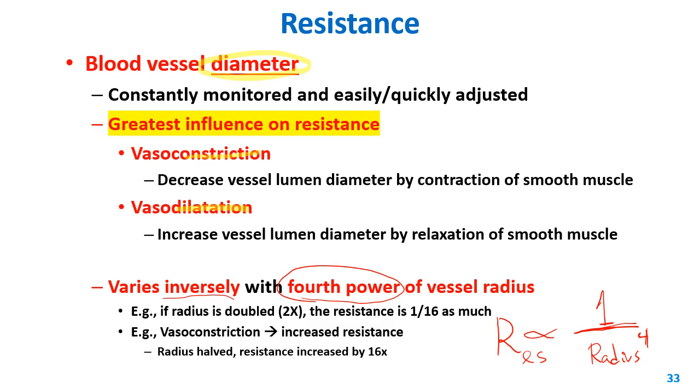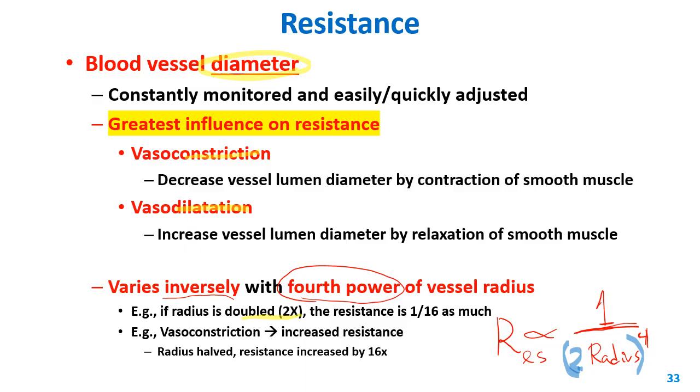Look, if you double the radius, so here let's put 2 times the radius, how much is the resistance going to change? 2 to the power 4 is 16, okay?